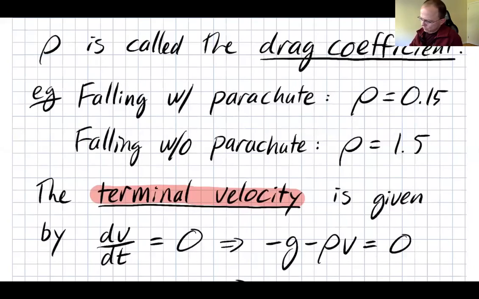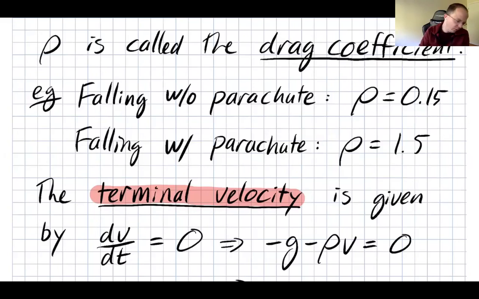So with a parachute, 1.5. Okay, with a parachute, it's 1.5. Oh, okay, so I do have these in the wrong order. Okay, so let me swap these. Okay, so with a parachute, 1.5, without a parachute, 0.15.